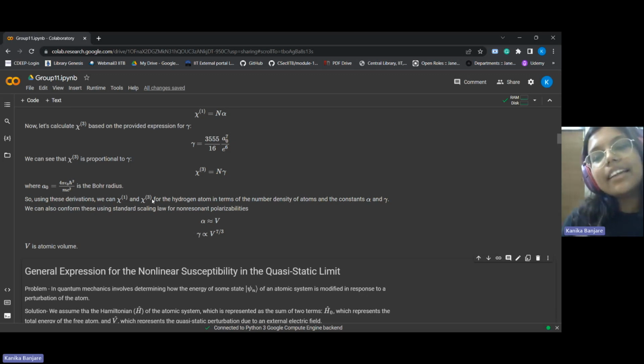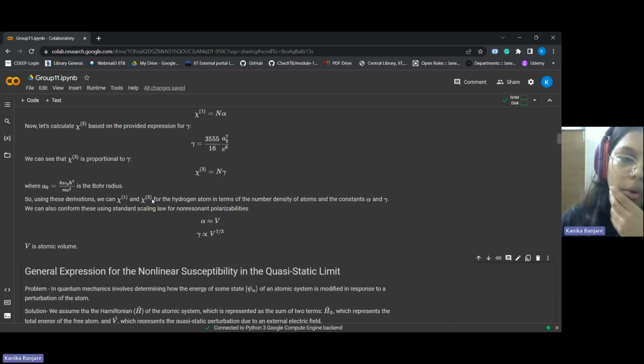From this standard scaling law, we can confirm that alpha is approximately proportional to V, and gamma is proportional to V to the power 7 by 3, where V is the atomic volume.